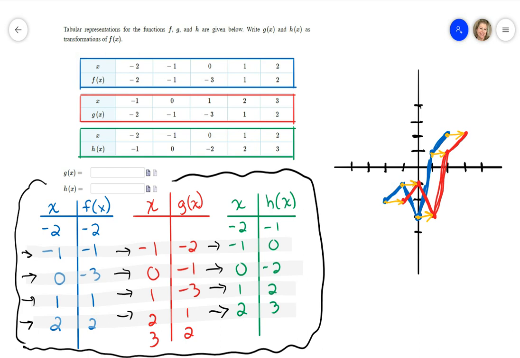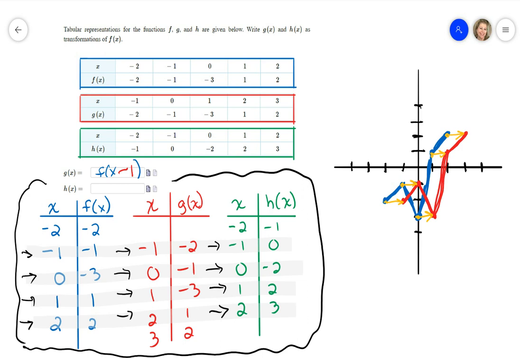So g of x is going to be f of x, which is the blue function. But then since it moves 1 to the right, that's going to be a -1. So it should be f of x minus 1.